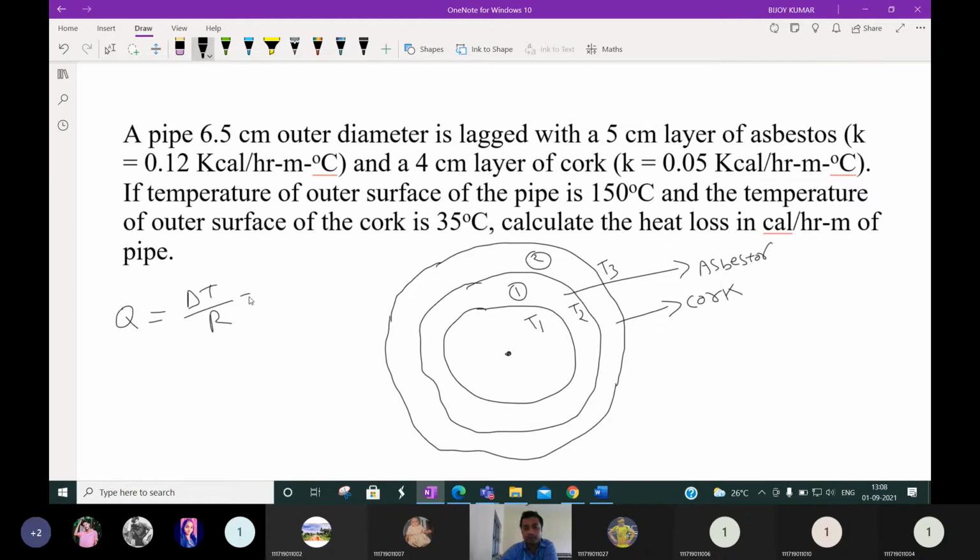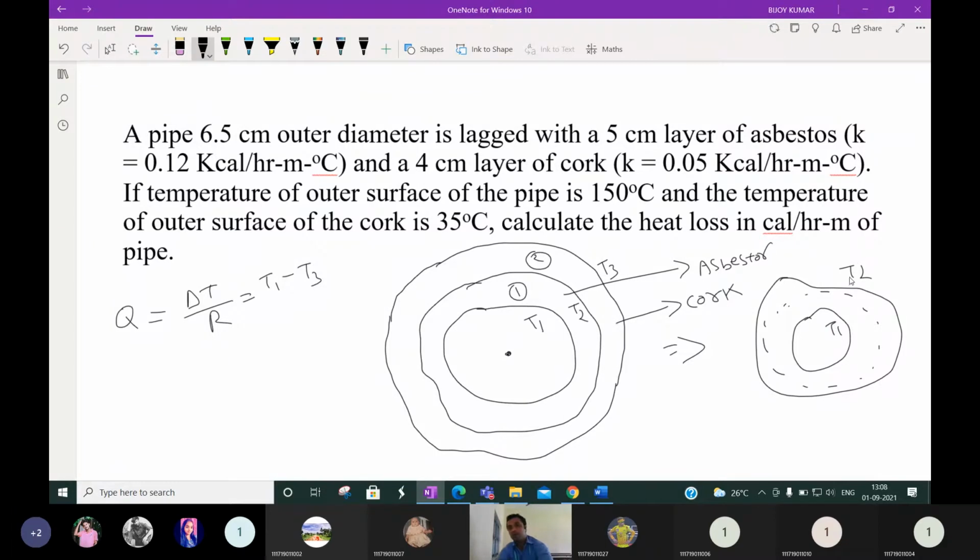Then del T will be T1 minus T3, the surface temperatures. Now these two layers represent one composite wall. The in between layer is not visible to us. It is already combined. So for the composite layer, the del T will be T1 minus T3.